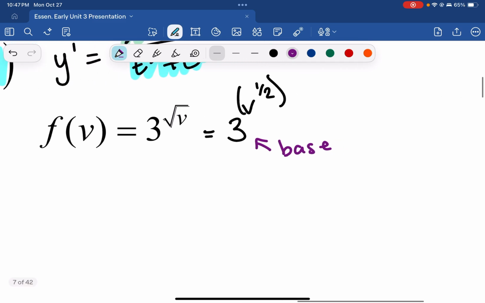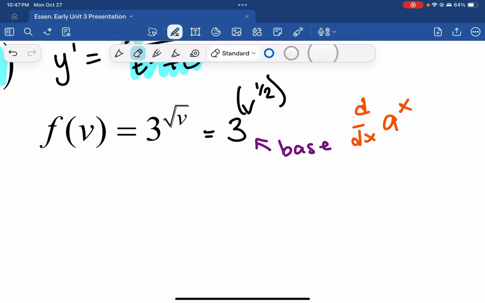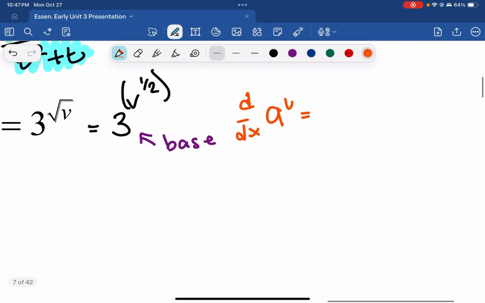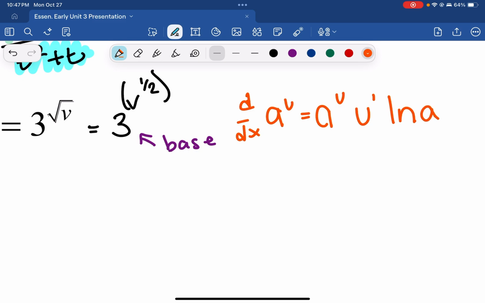So I'm going to write that over here. The derivative of a to the u is equal to a to the u times u prime times the natural log of that base a. So our base, I said, is 3.